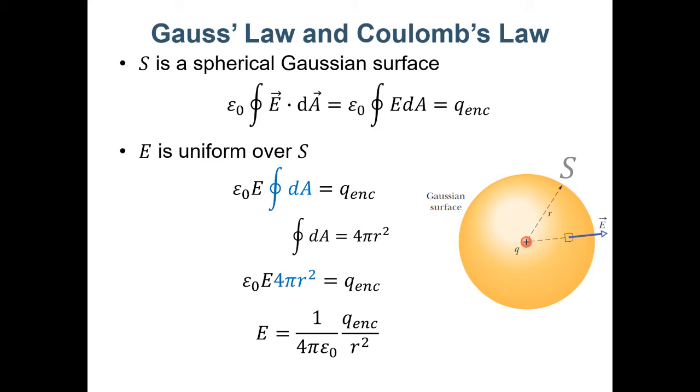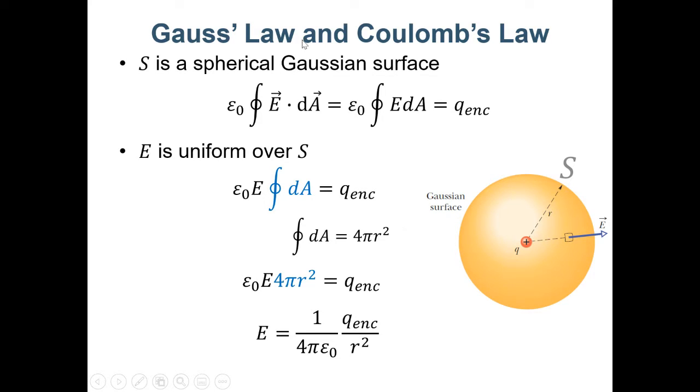It will generate a field called the electric field, which will influence other charged particles. So it doesn't really matter what the test charge is. In chapter 22, according to Coulomb's law, we know that E is like this for a charged particle. And actually, using Gauss law, we can derive the same expression for a point charge.